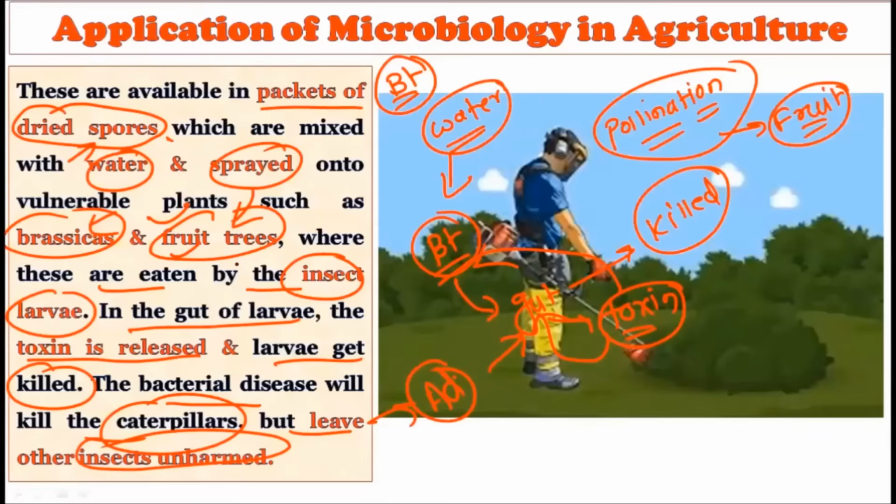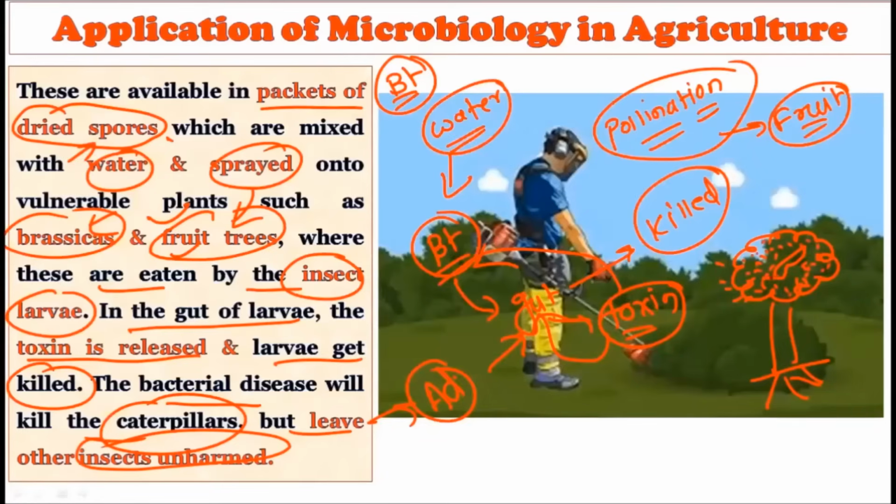After spraying, if the larva starts to eat the plant, it will indirectly consume the Bacillus thuringiensis, and due to this consumption it gets killed. It happens like this. This is a plant, and on this plant there is a caterpillar. It is constantly consuming the plant. When there is no spraying of Bacillus thuringiensis, it can consume as much as it wants. Now when we spread the Bacillus thuringiensis dried spores mixed with water on these plants, the bacteria is everywhere on the plant.